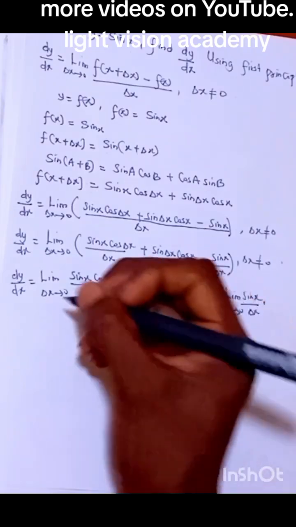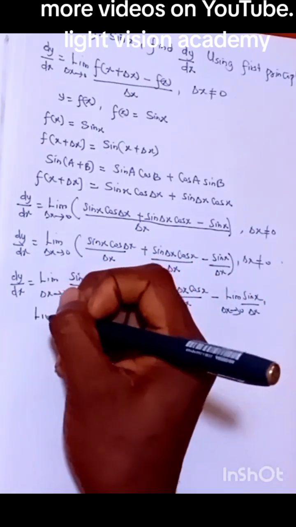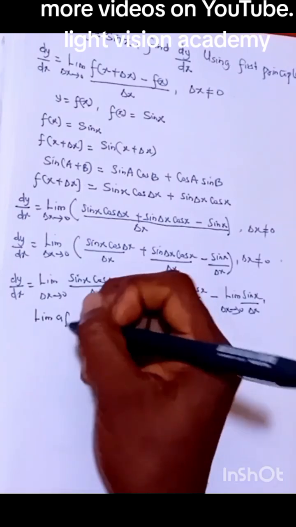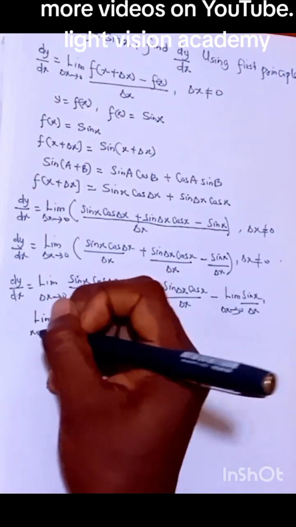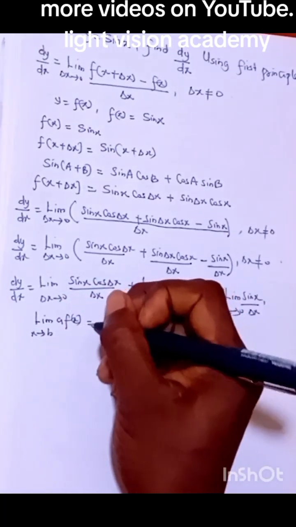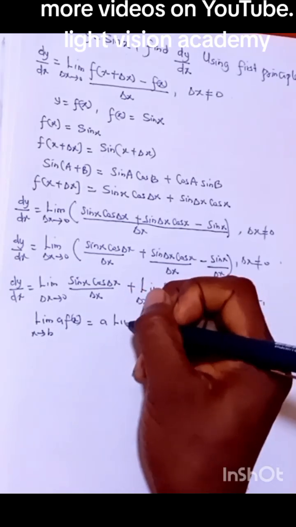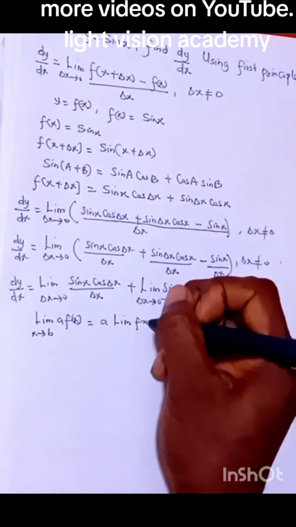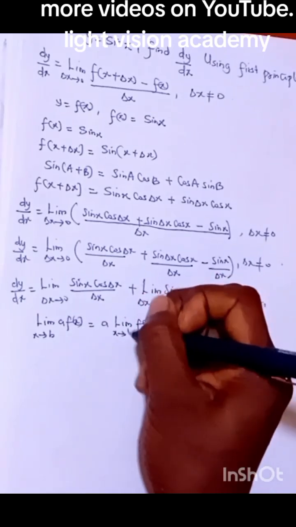Now note that the limit of a f(x) as x tends to b is equal to a times the limit of f(x) as x tends to b.